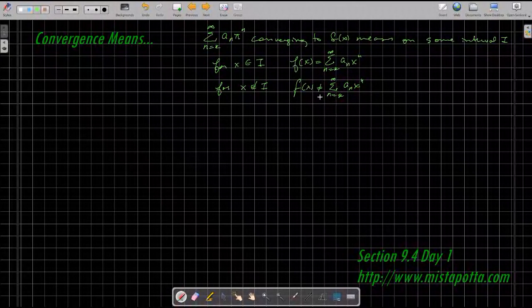Now, there are actually several possibilities when dealing with convergence.